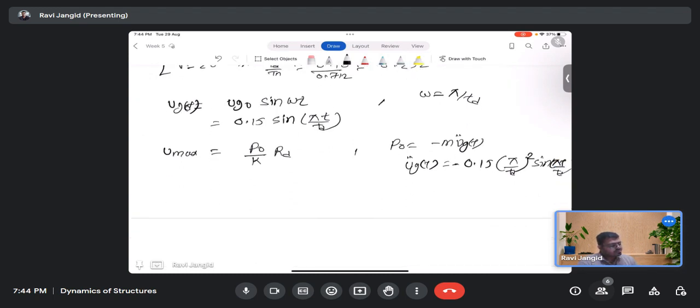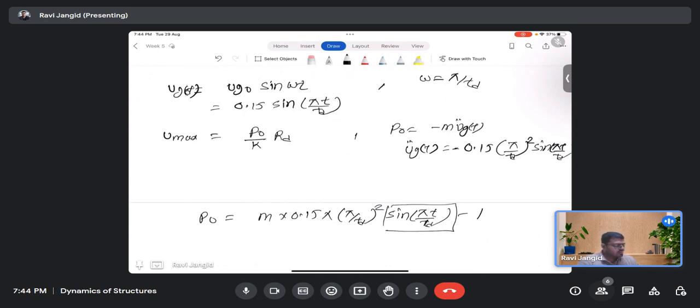So our P naught will become m into 0.15 into (pi over Td) square sine pi t over Td. For maximum response we took the sine as 1, so that U max we can write as m into 0.15 into (pi over Td) square, and k we can write as m omega n square into Rd.